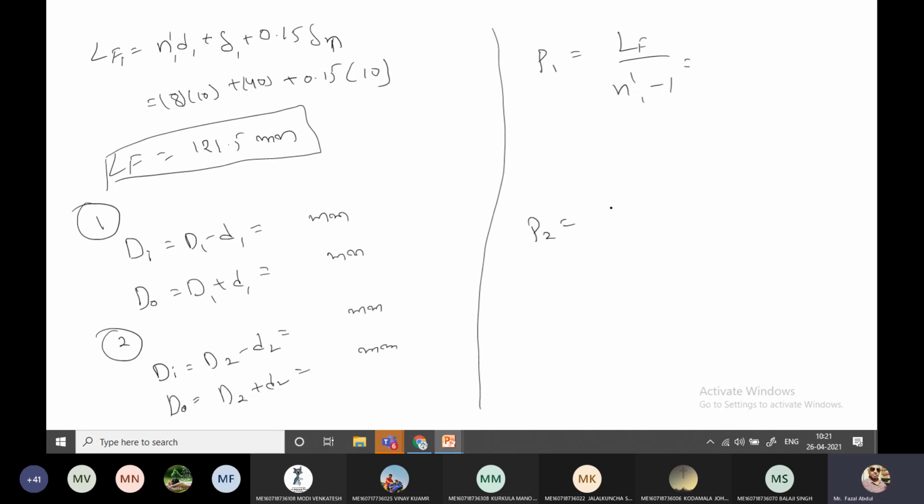Same for the second, LF by n2 dash minus 1.